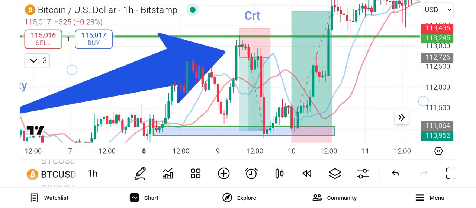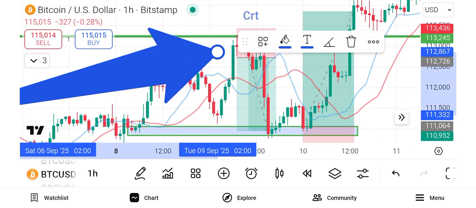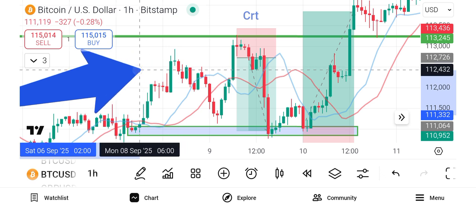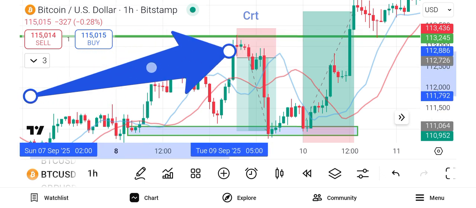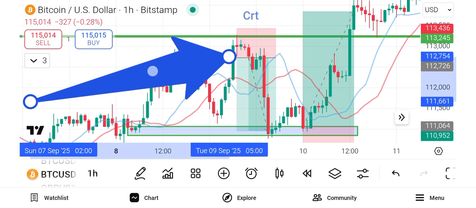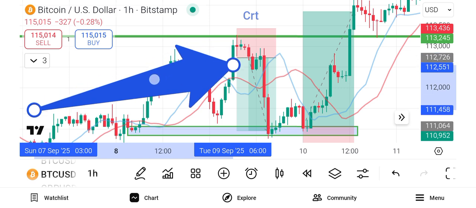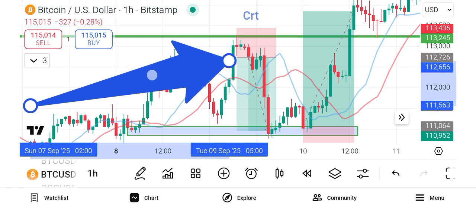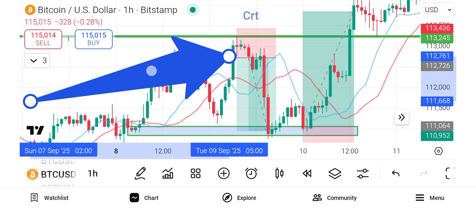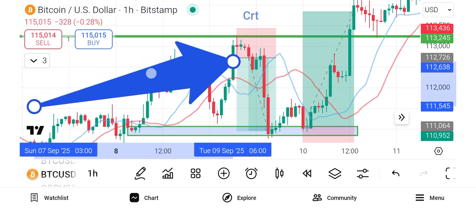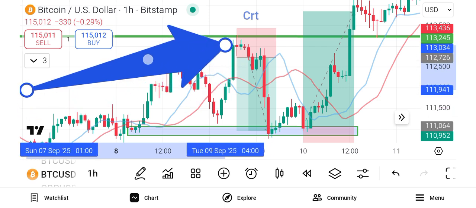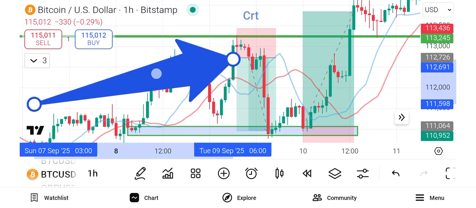The little candle here, I believe you are seeing my screen very clearly. The little red candle you see here, if you have done candlestick patterns, you know that this is an indecision, a gravestone doji.